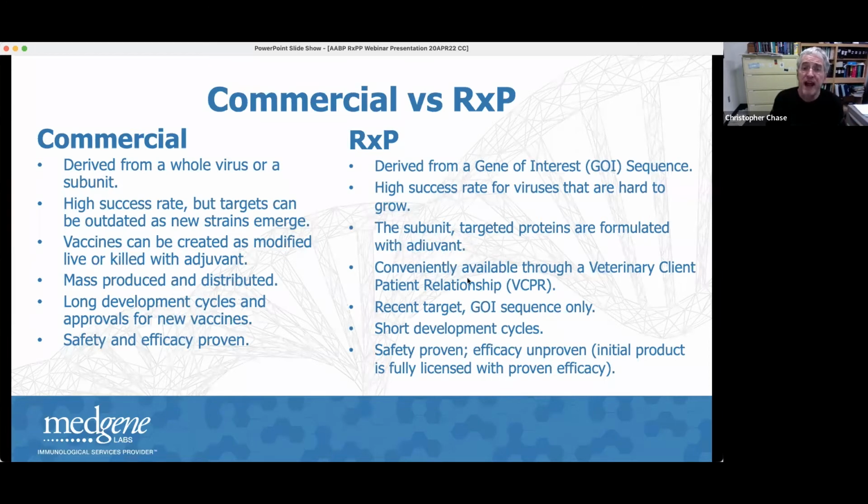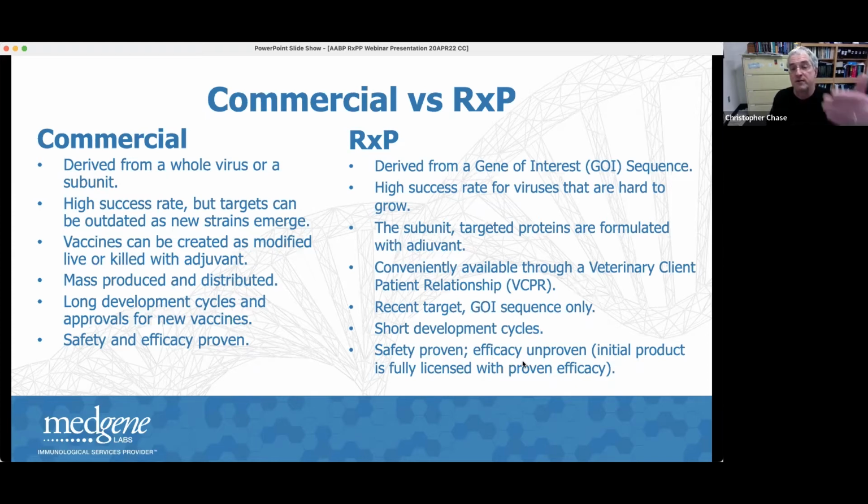We're using an adjuvant, and we're using a veterinary client-patient relationship for that premises or that operation, so that we're using something that's specific. And we're only using the gene of interest. Because we've already got this platform licensed, there's a much shortened development cycle, because we can do that plug and play. And the safety is proven. The efficacy, though, is not.